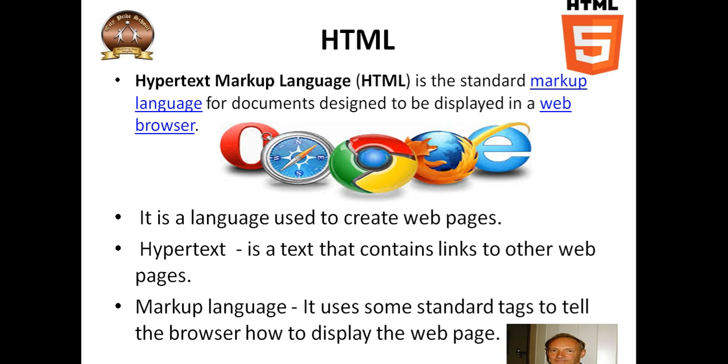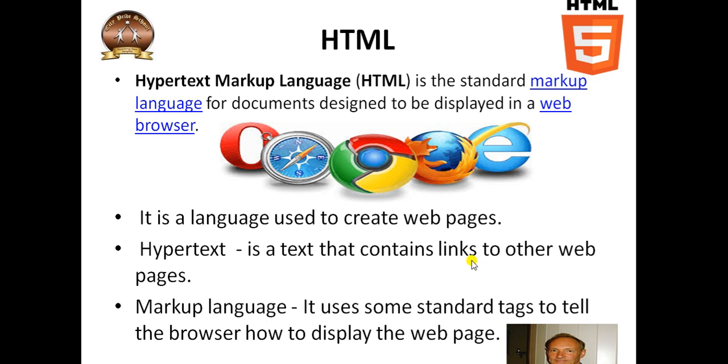So hypertext markup language, let's break it down. What does hypertext mean? Hypertext is the text that contains links to other web pages. So hypertext is text which links to other web pages. And markup language uses some standard tags to tell the browser how the display of the web page should be.